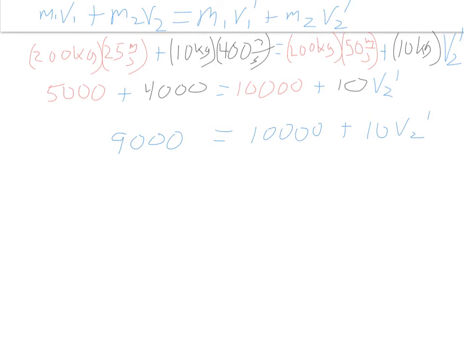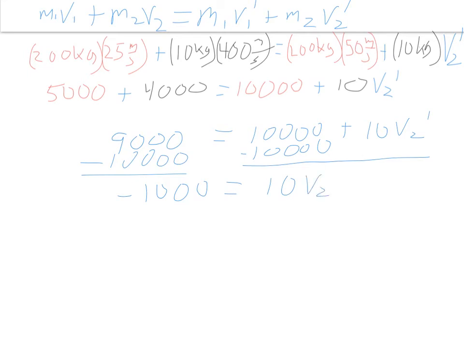First step, I need to subtract out that 10,000 from both sides of my equation. I wind up with negative 1,000 is equal to 10 V2 prime. And last step is just divide out that 10.